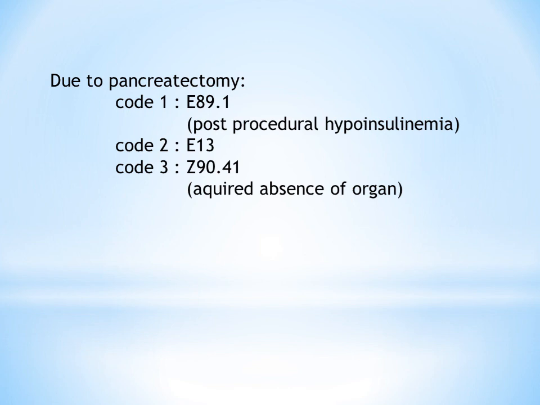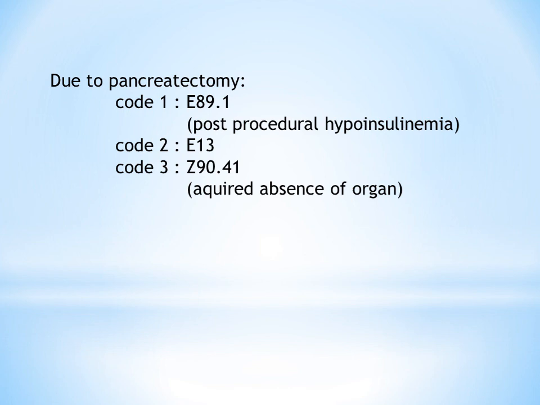In such case, our first code should be E89.1, that is post-procedural hypoinsulinemia. And the second code will be E13. And the third code will be Z90.41, which is acquired absence of organ, because here the pancreas is absent. So we'll give that status code, that is Z90.41, acquired absence of organ.